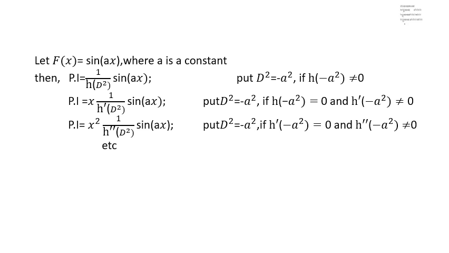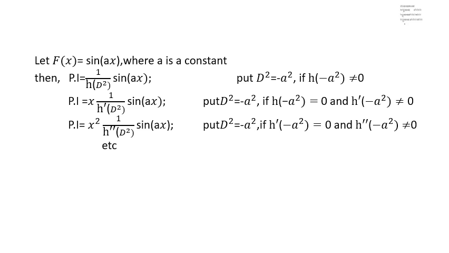We must write the equivalent formula, that is PI is equal to 1 by h dash of D², on the left-hand side of this x, on the right-hand side sin ax or cos ax. Here h dash means differentiation.